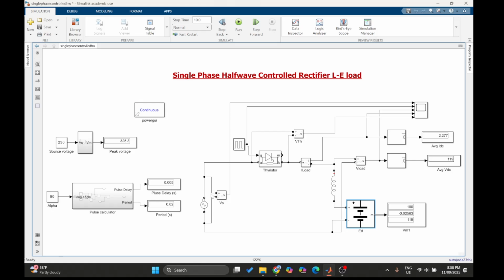So in practice, the effective start of conduction is slightly delayed compared to the angle of 90 degrees. For instance, we have 119, the source is 230, so the real current will begin only when the source voltage exceeds the 119.